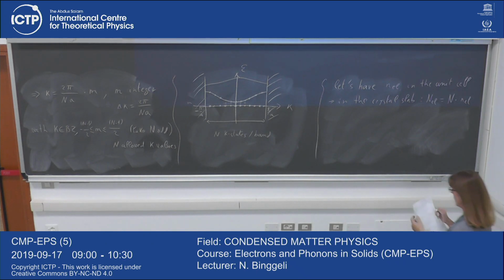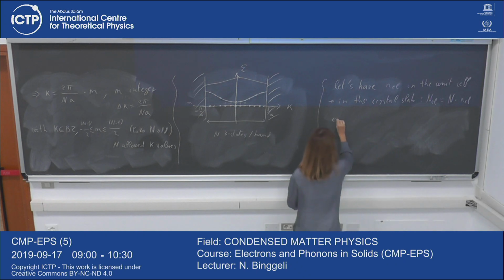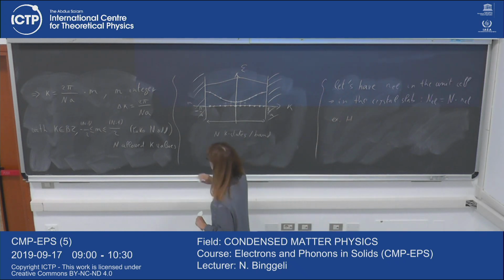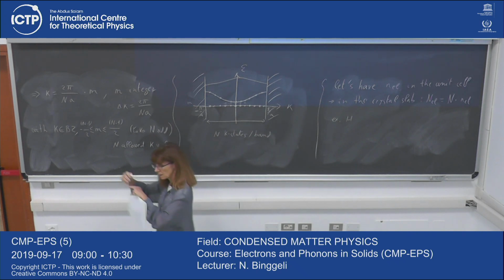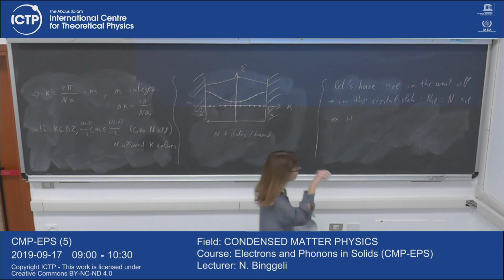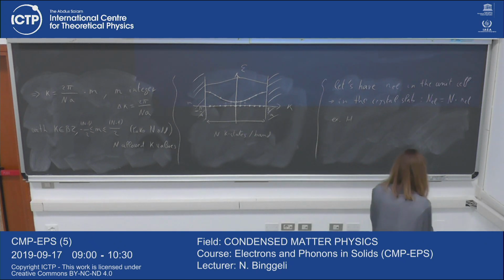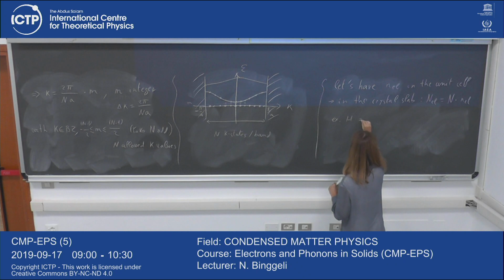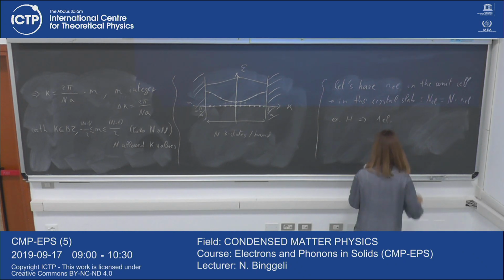So let's take an example. We have hydrogen in the unit cell. So in my one-dimensional crystal that I showed before, the points are hydrogen atoms. So I will have one electron in this case per unit cell.